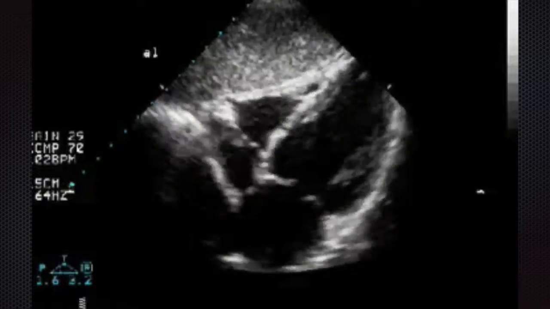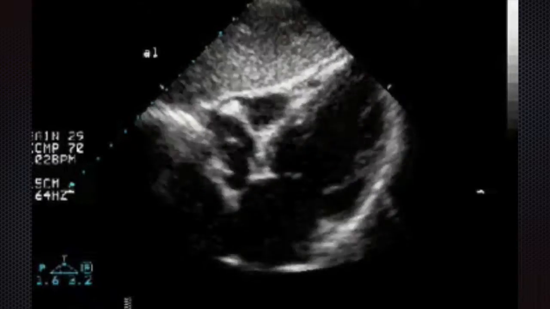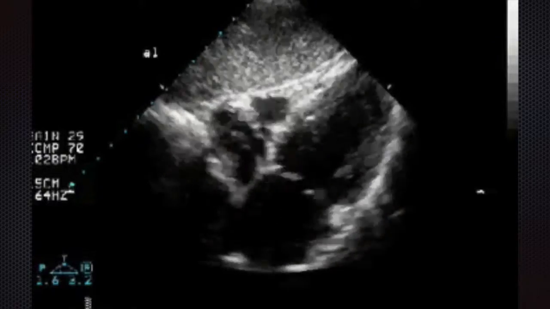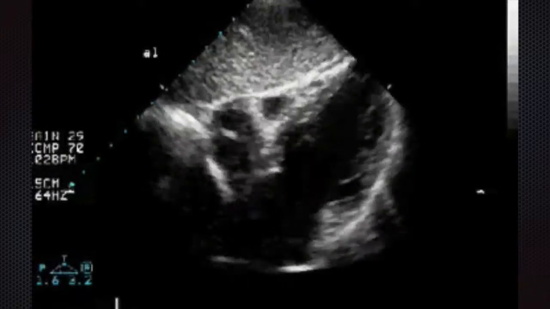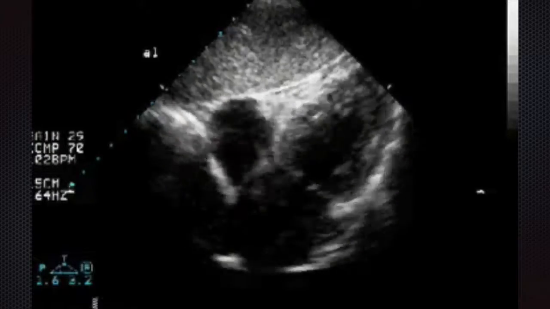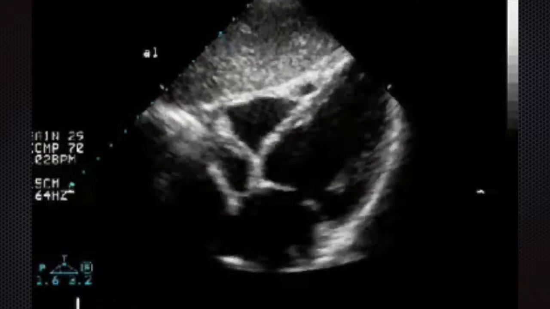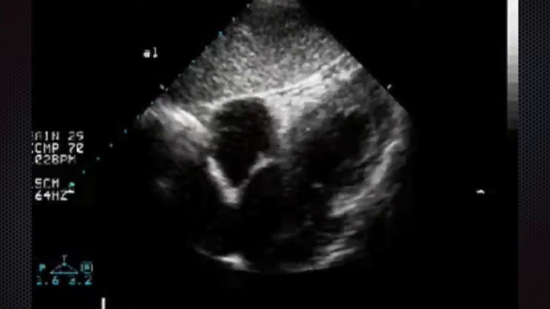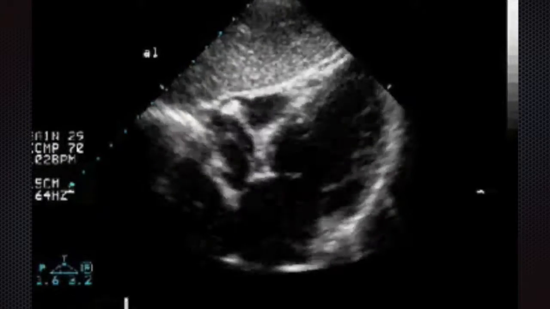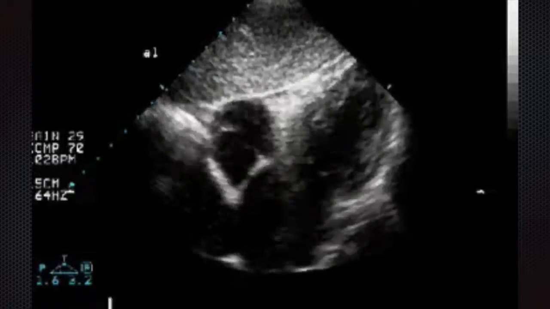So here's a typical subcostal four-chamber image, and you can see at the top of the screen is a tissue that is liver, and then you can see the heart beating under the liver. Now obviously this is inverted, so in reality it's the other way around, but don't get bogged down in trying to visualize it yourself at the moment.